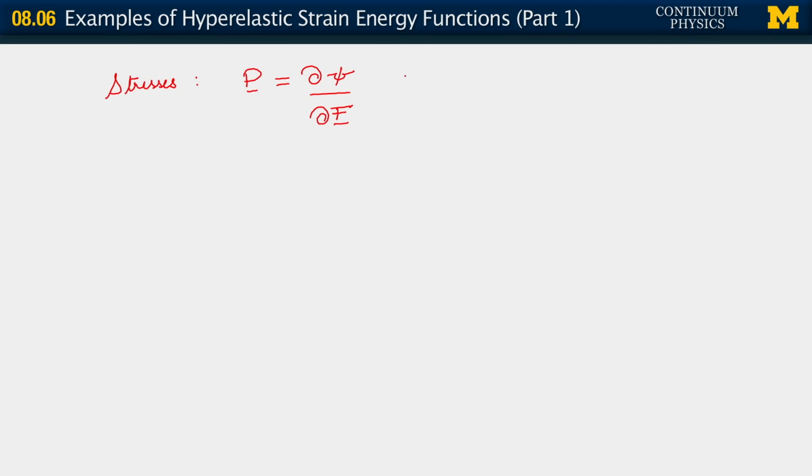Now, it is a not terribly difficult manipulation to show that, once we have this form, we can also write this as a derivative of maybe E, but then we would be using this form of the strain energy function, right?